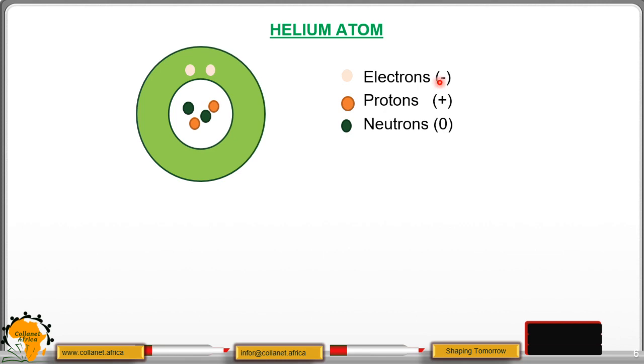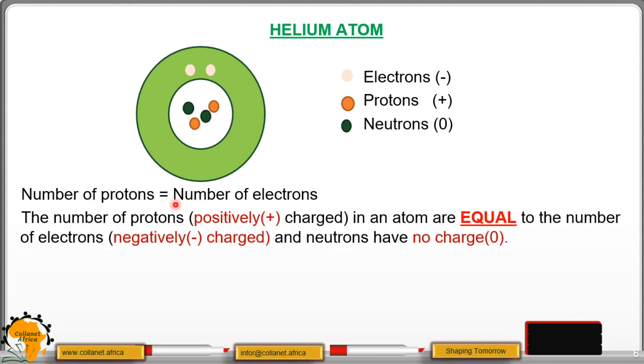In this case, you're going to find the electrons are negatively charged, protons are positively charged, while neutrons do not have any charge. The number of protons is equal to the number of electrons. The number of protons which are positively charged in an atom are equal to the number of electrons which are negatively charged, and the neutrons have no charge.